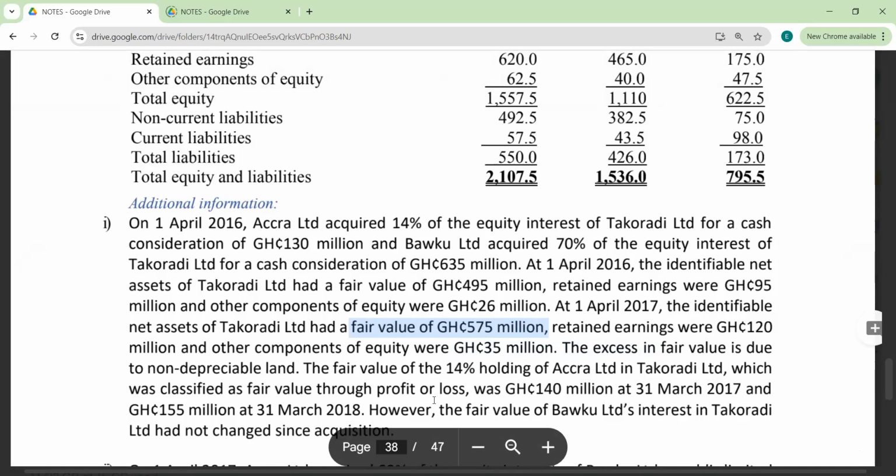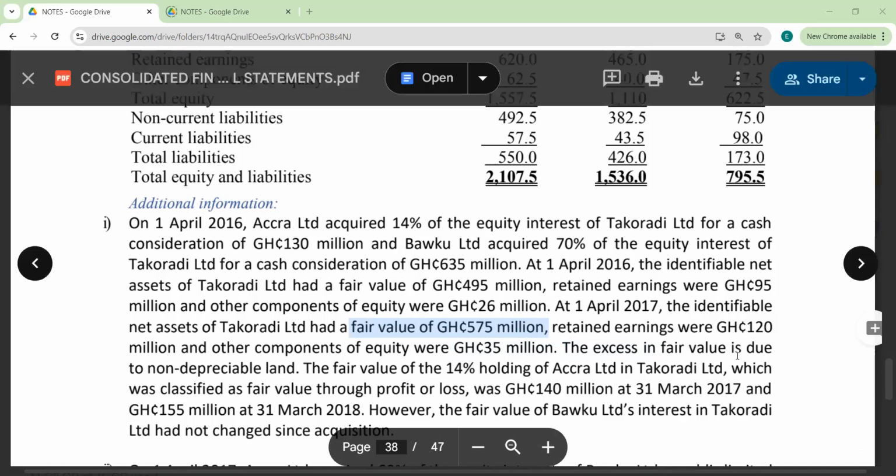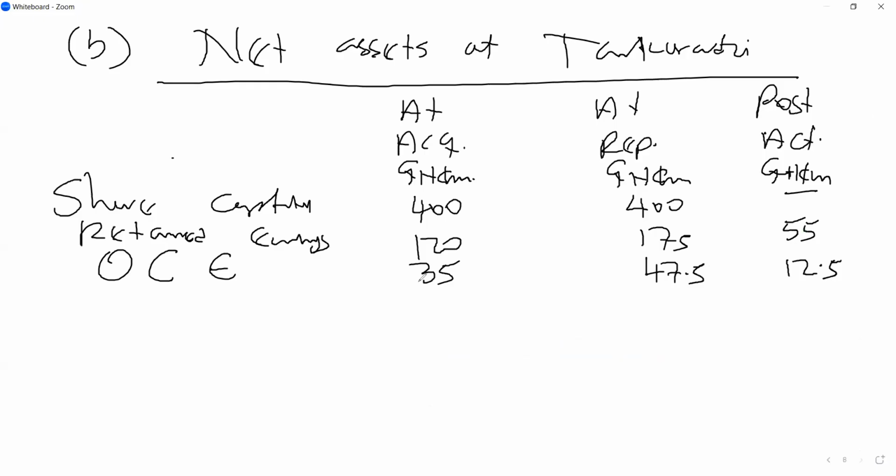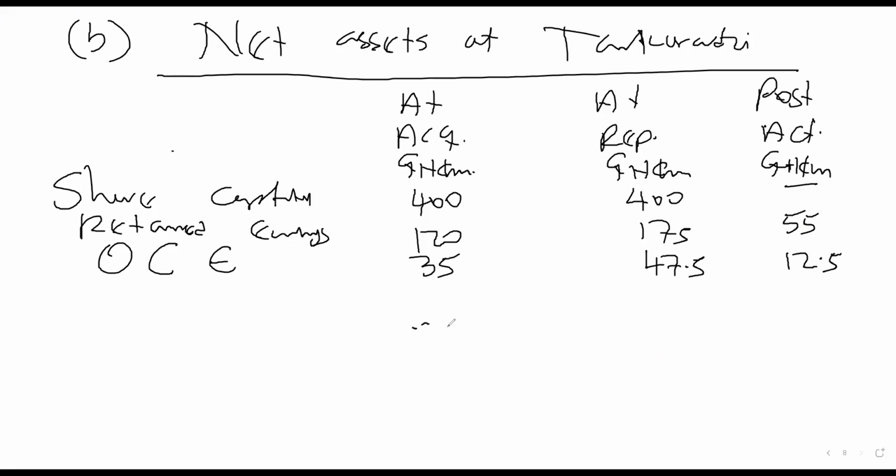So what you have to do is leave a space, and write here 475, 75. And write here land in brackets, fair value adjustment. Call it fair value adjustment, in brackets land.